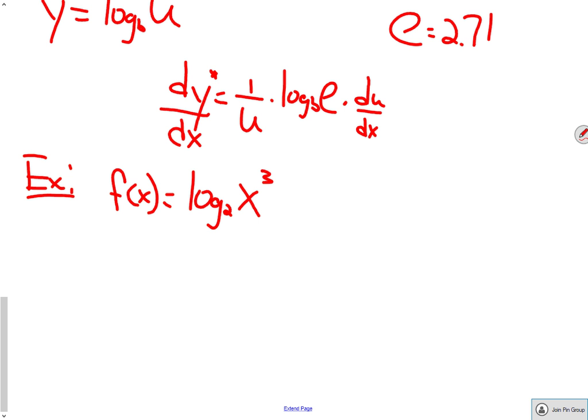So f prime would be 1 over u, right, times log to the base 2 of e. You just leave it as e. Don't put 2.71 in. Don't put this into your calculator to figure it out. Just leave it like that. You don't have to do anything to it. Just leave it alone. Times the derivative of this one.